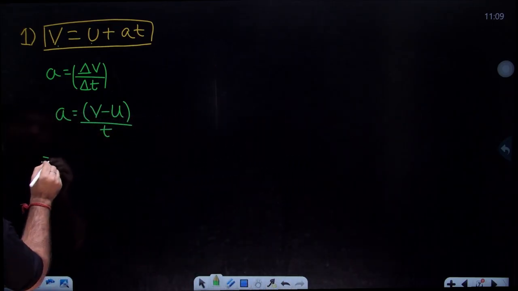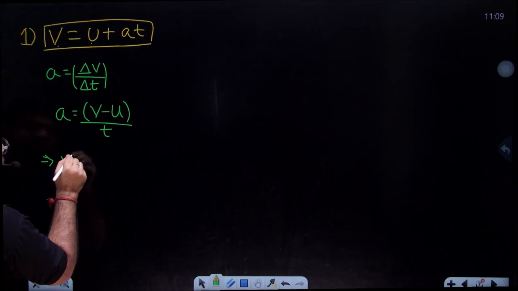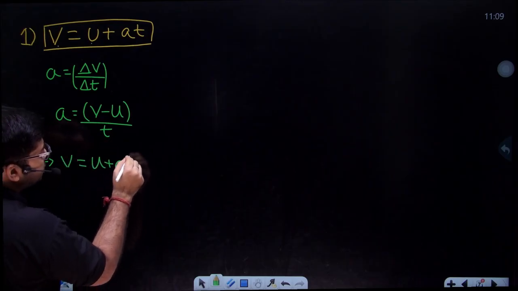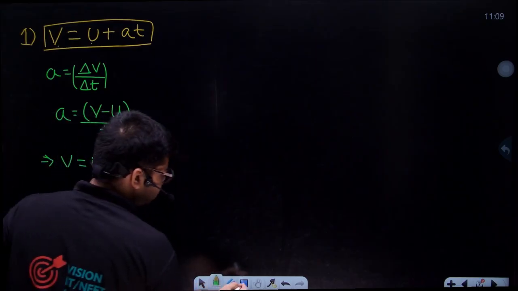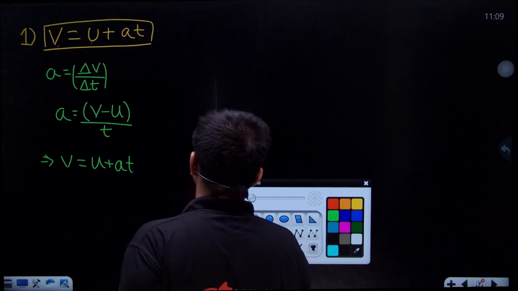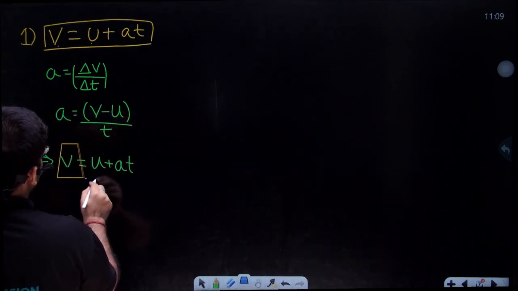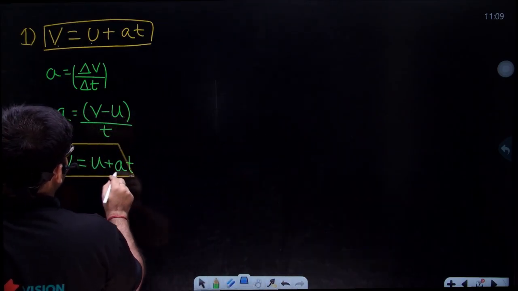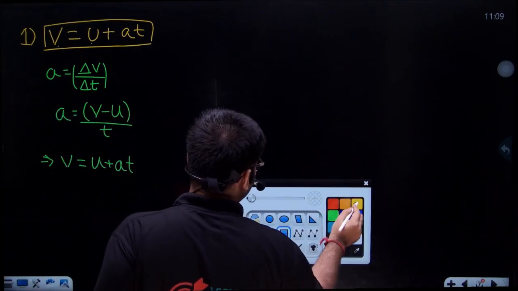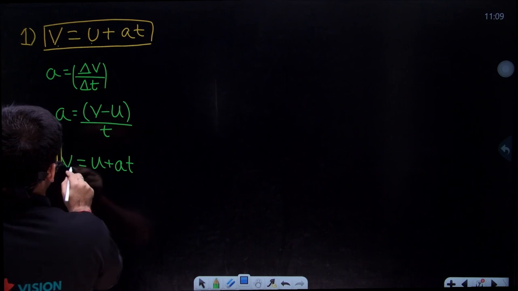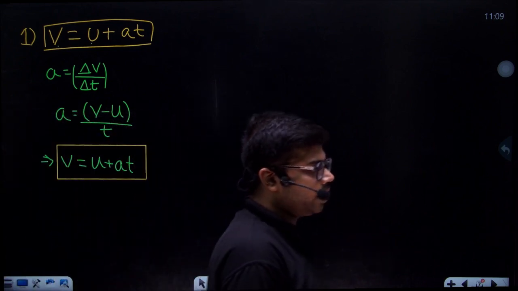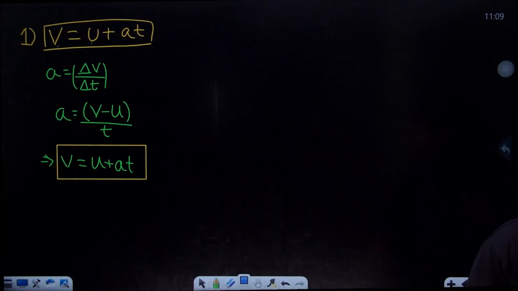Following this, I can say that v is equal to u plus at. So here comes the first equation which we have derived, right? So v is equal to u plus at.